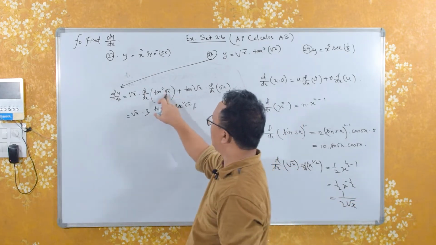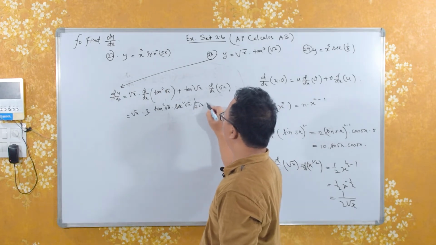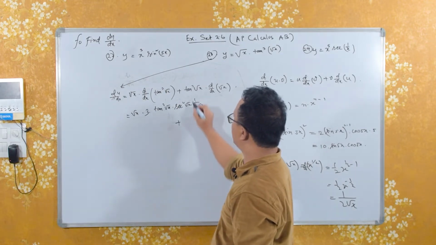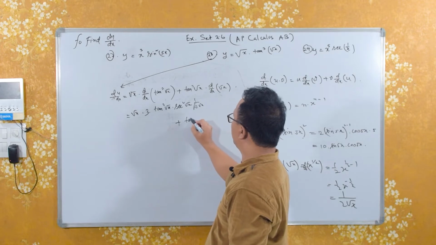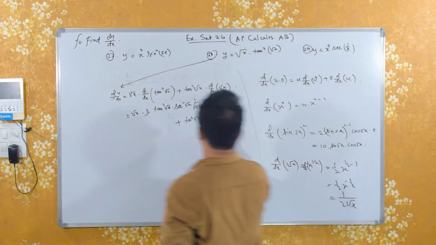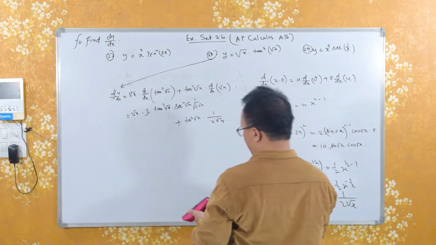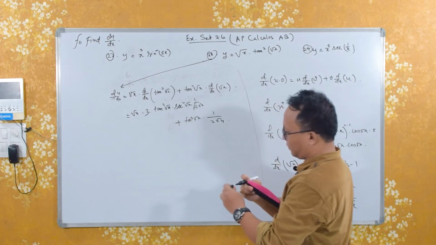So dy dx of root x is 1 by 2 root x, okay, plus tan cube root x into dy dx of root x is same as this, okay, into 1 by 2 root x, okay. This is the answer for 28, okay.